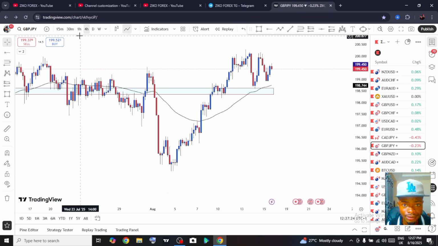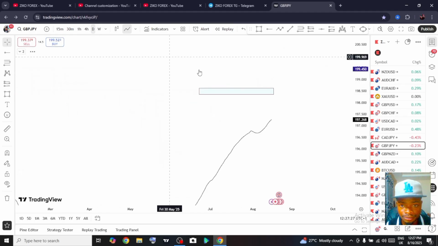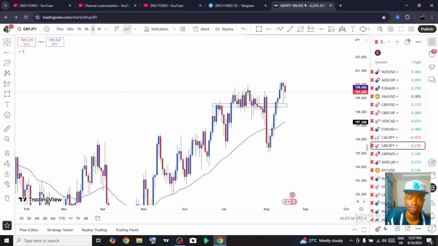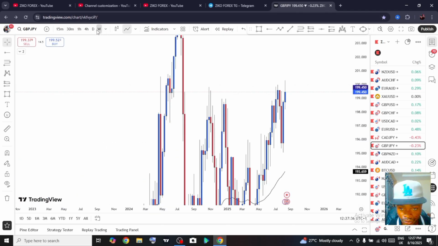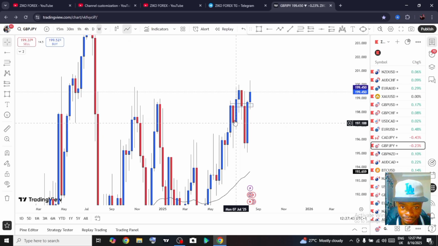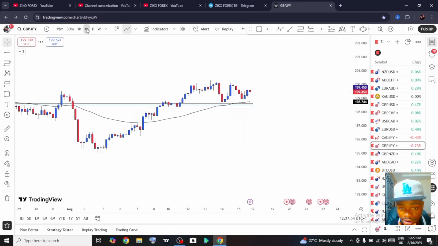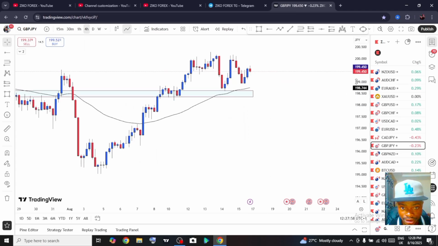GBP JPY daily time frame. Okay, daily time frame is bullish. Weekly time frame, it's actually bearish. Right, this was the higher high, higher low, then it broke below, and price hasn't still closed above this area, so it's still actually bearish. 4-hour time frame is actually bearish too.